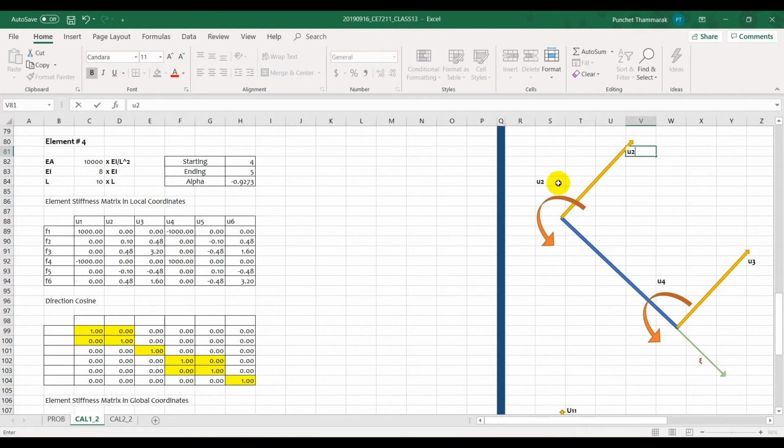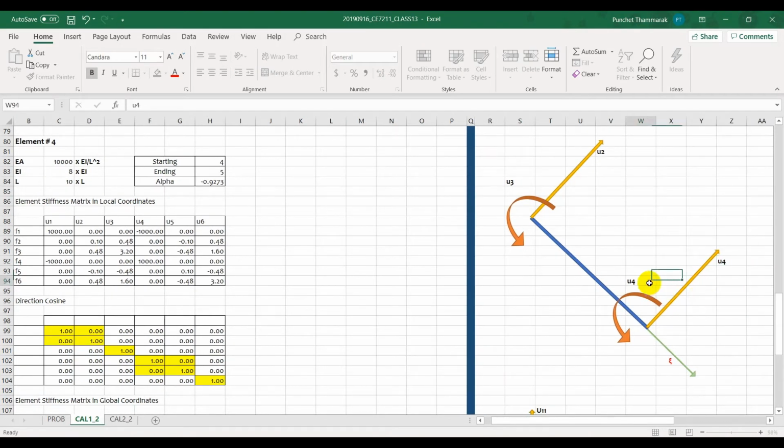U2, this is U3, this is U4. Oh no, not U4, U5. This is U6. And basically, if we want to include the U1, okay, so here is your U1 and this is the U4.